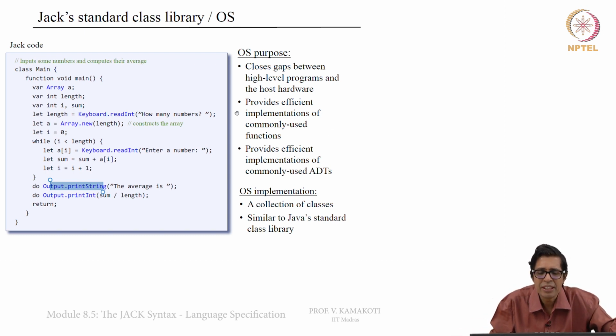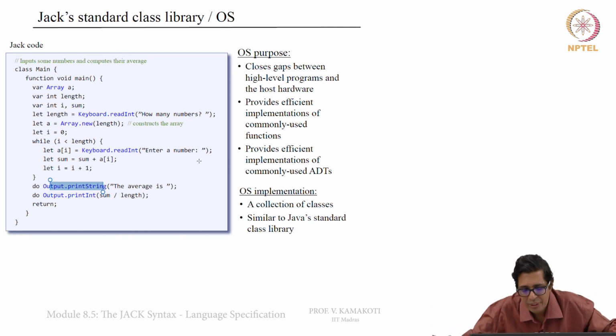So what you see here is the purpose of having an OS. It closes the gaps between high level programs and the host hardware in some sense. It provides efficient implementation of commonly used functions, like your math functions can be part of your OS, and also all your allocation of memory, etc. It provides efficient implementation of commonly used abstract data types like your int, etc. And the OS itself is software, so how do you implement it?